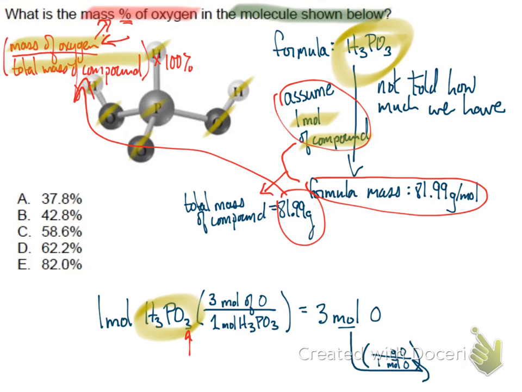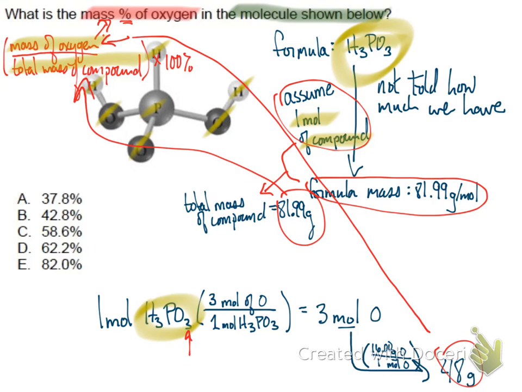And we know that 1 mole of oxygen is 16.00 grams. So we're going to take 3 and multiply 16 by 3. That gives us 48 grams. And so now we have the answer for the numerator part of this question.